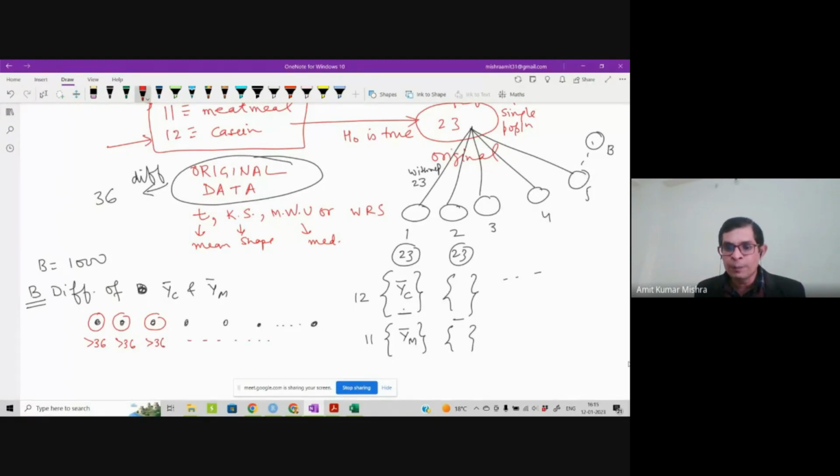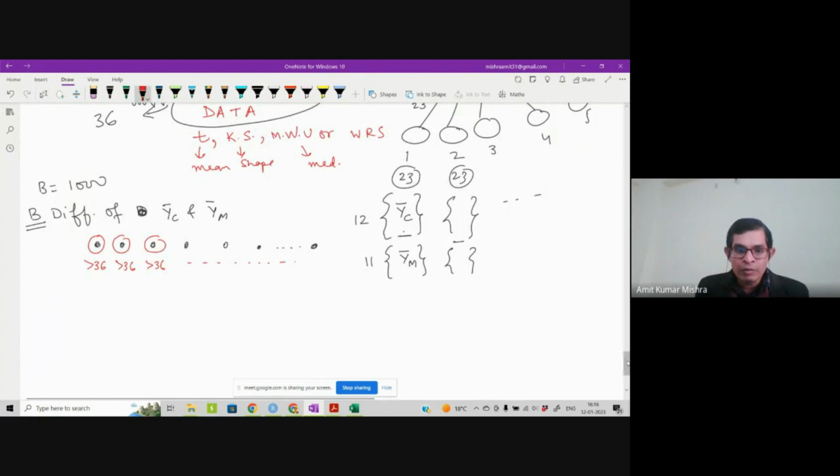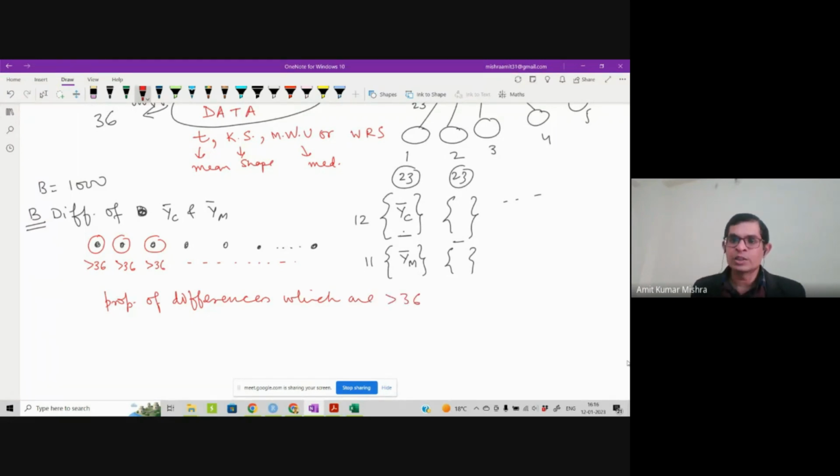So actually we are finding the proportion of differences which are greater than or equal to 36.